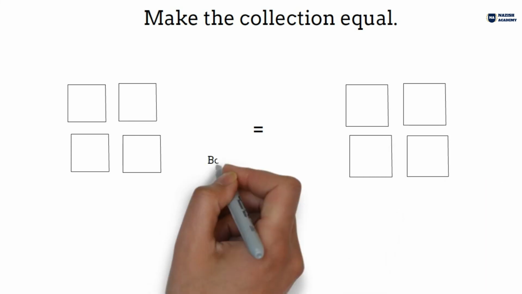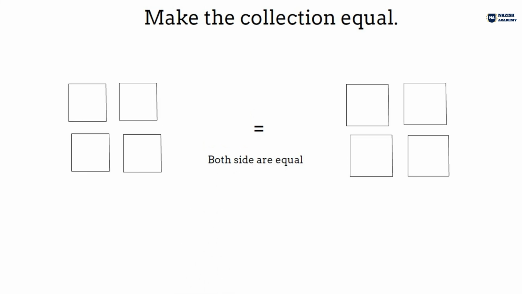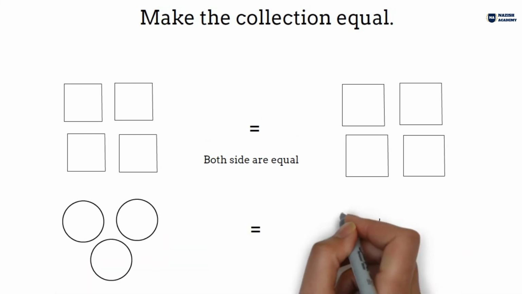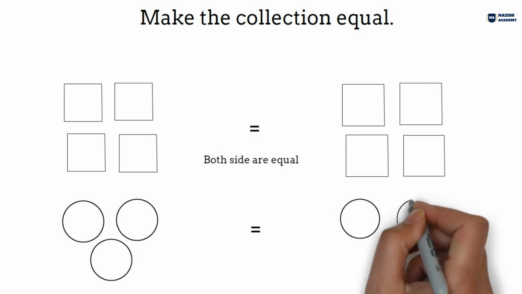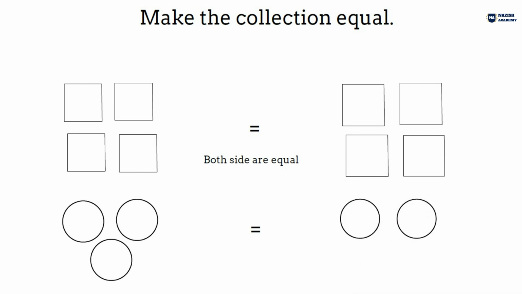Now both sides are equal. 1 circle, 2 circles, 3 circles. There are 3 circles, and there 1 circle, 2 circles, only 2 circles. Now we need 1 circle to make it equal. Yes, 3. Both sides are equal.